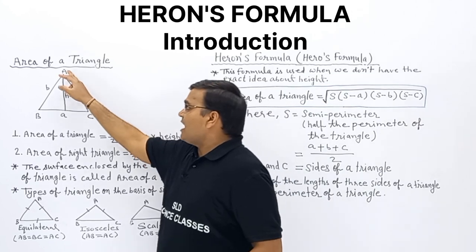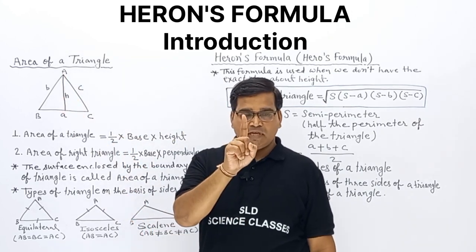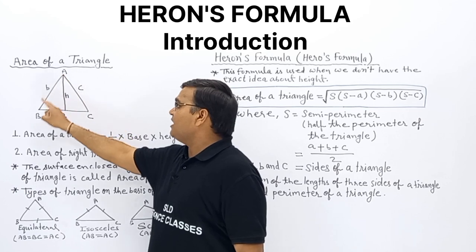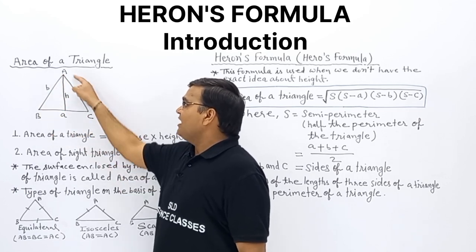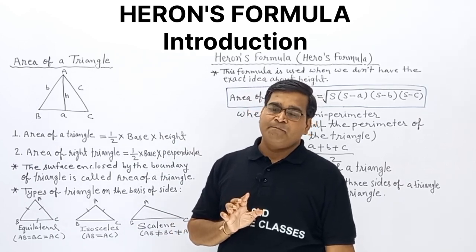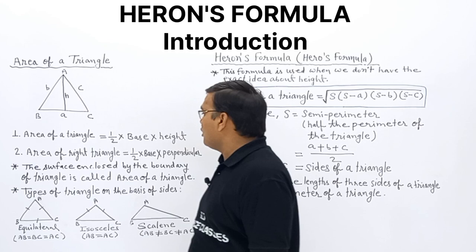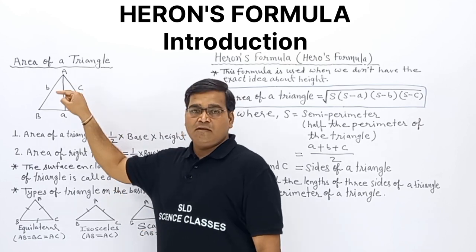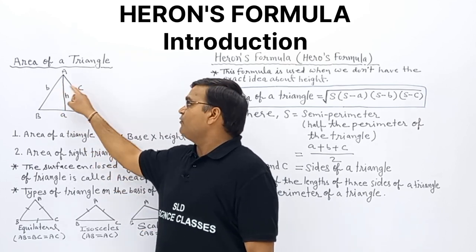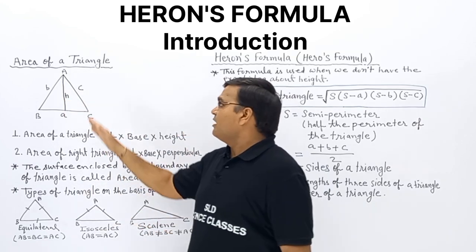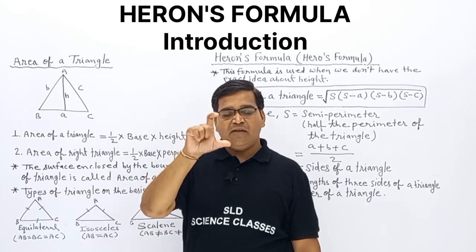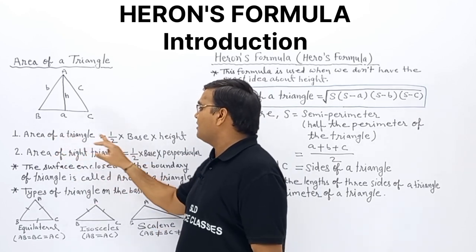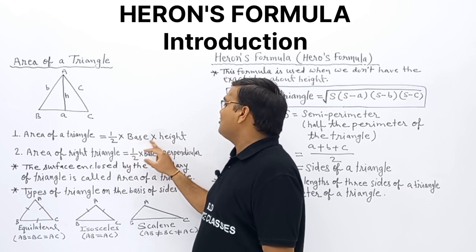We want the area of triangle ABC, where AB, BC and AC are the three sides, enclosed by the boundary, giving this surface, which is the area. If the height of the triangle is given, then we can find the area as half times base times height.